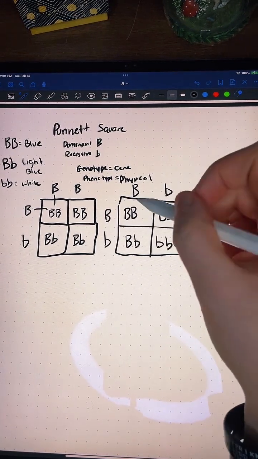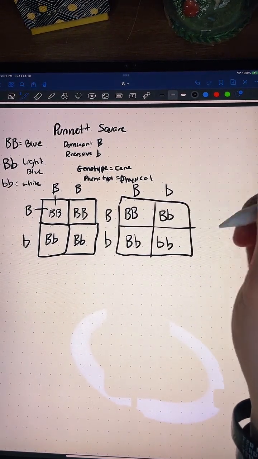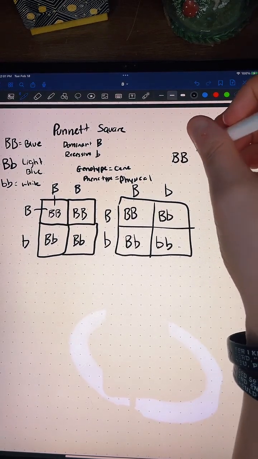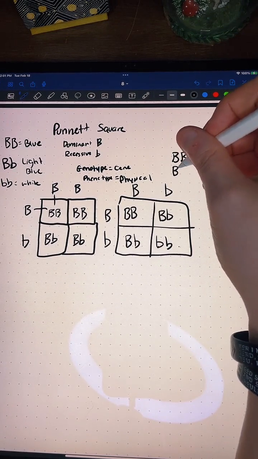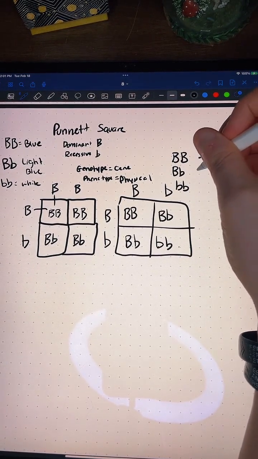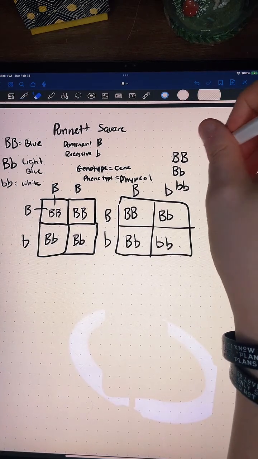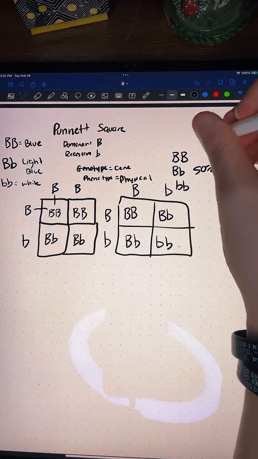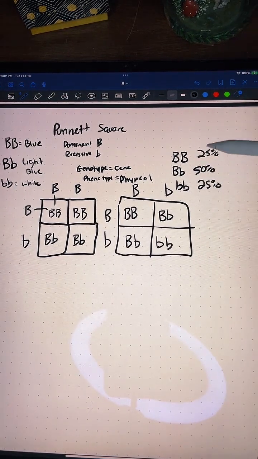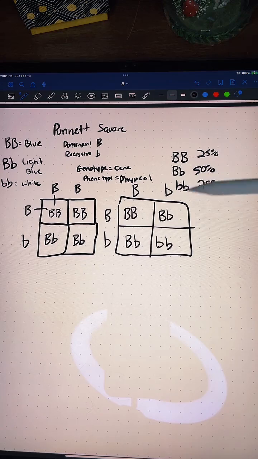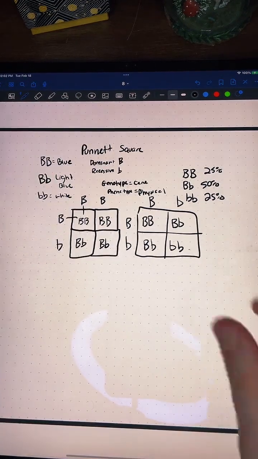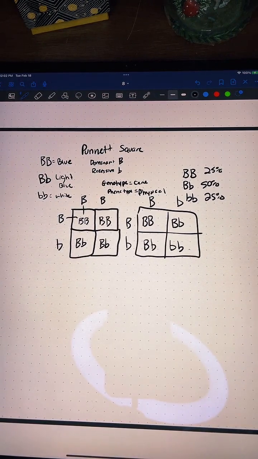So you'd have blue, light blue, and then white. So there's a 50%, 25%, and 25%. There'd be a 25% chance it'll be blue, a 50% chance it would be light blue, and a 25% chance it'd be white. Does that answer the question?